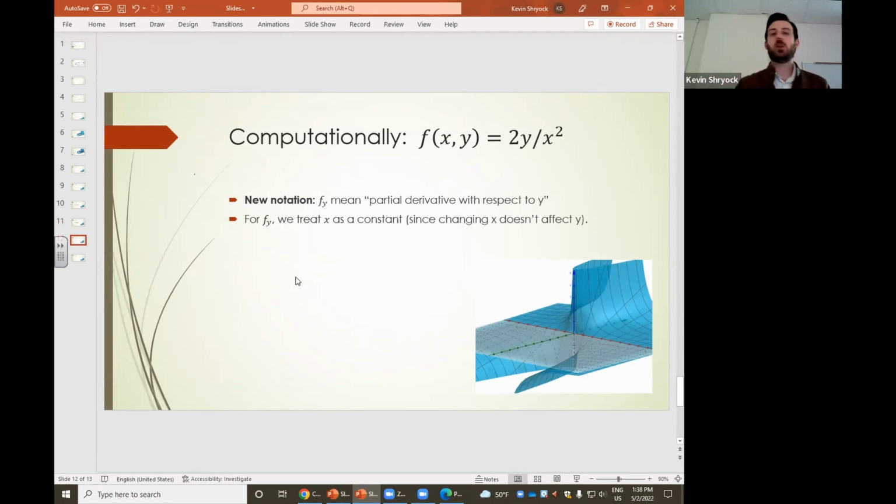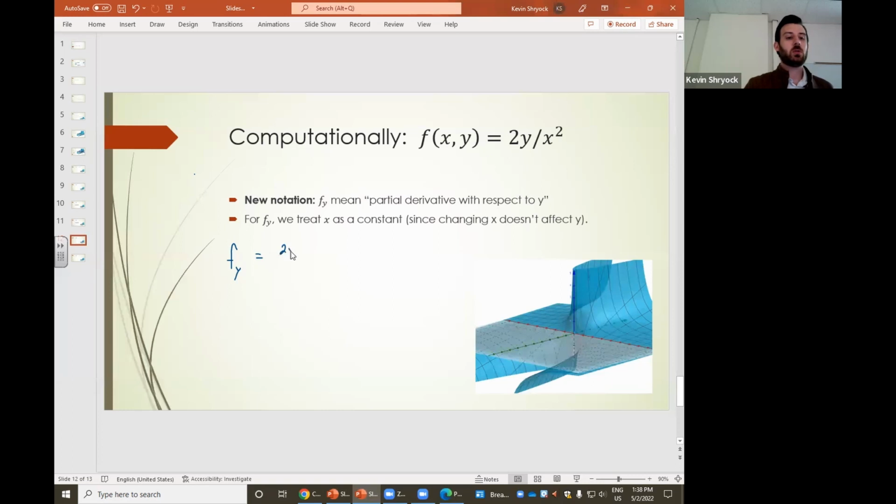We're going to come up with a new notation. The notation is f with a little subscript y. What this is going to mean is that I'm going to do the derivative, but it's a partial derivative where I am only looking at how I change y. So in that case, let's look at this story.